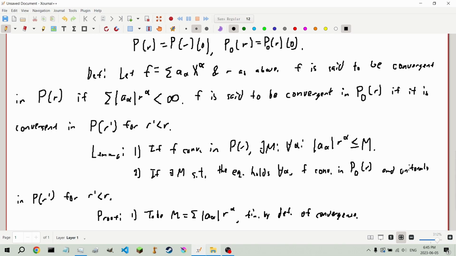This sum has to be finite. It's the definition of convergence.